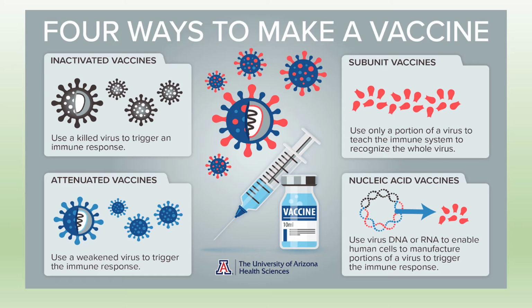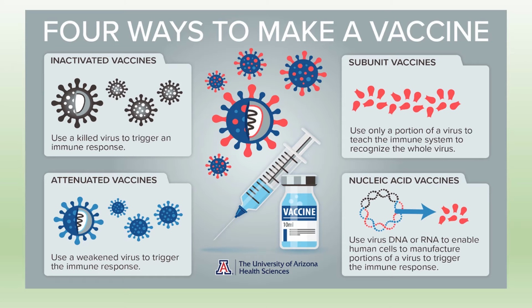We move on to the subunit vaccines, sometimes called component vaccines. A subunit or a component is part of the virus or bacteria. So it's generally just the antigen or even just part of the antigen.